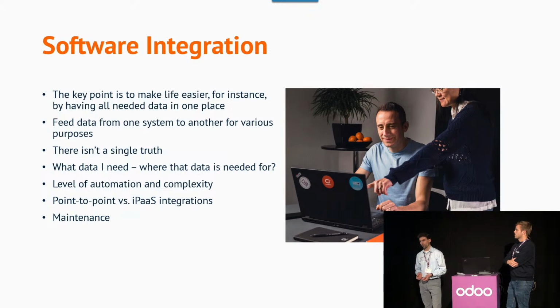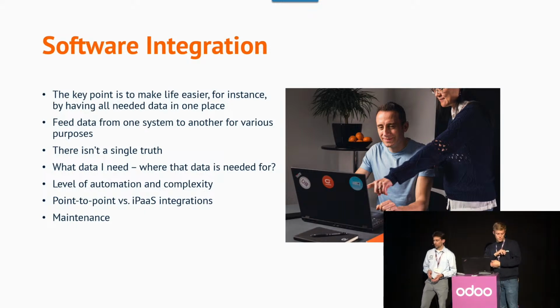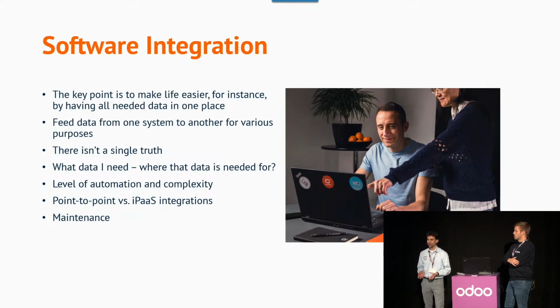Typically there are different processes at different companies, so that's why it's also important that you can customize the integrations based on customer needs. And that is something that we have made in CUSTOMTOOLS really easy. I will also show that later on. Our solution is a point-to-point integration, and we have really paid attention to how you can maintain the integration while you need to update your software as time goes by.